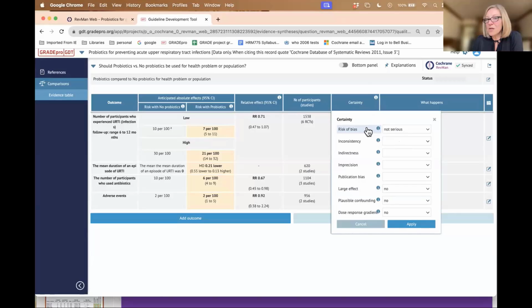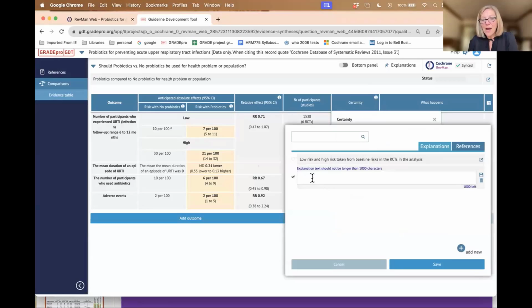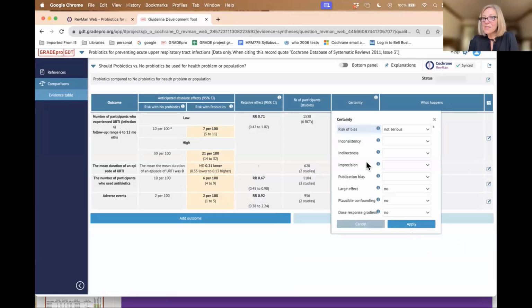So I'll right-click on that, put an explanation, and say some concern with allocation concealment in randomization and outcome measurement, but not rated down for risk of bias, and save that. That way, if someone sees that there were some concerns, they know we saw it, but we didn't rate it down.